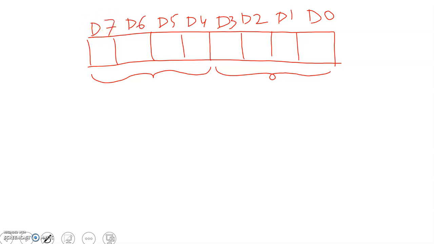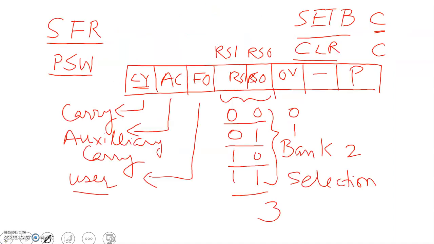So whenever there is a carry from the D3 bit to the D4 bit during any operation like the add operation or the subtract operation, then the auxiliary carry flag is set. We will look into it with the help of an example. Let me discuss all of them first, then I will take an example to illustrate how they work.